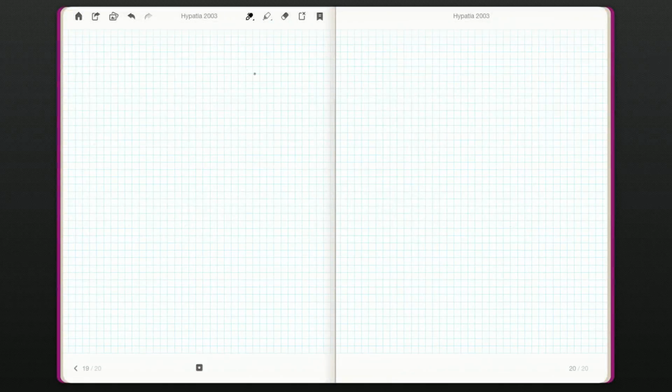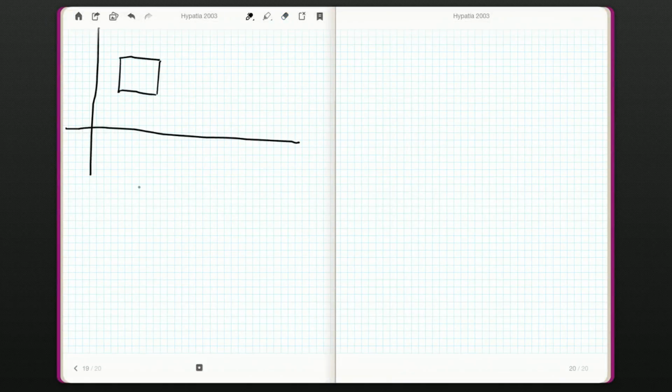So we'll draw ourselves a little bit of the picture. Here's A, here's B. I don't really care about C and D, but they are up here.